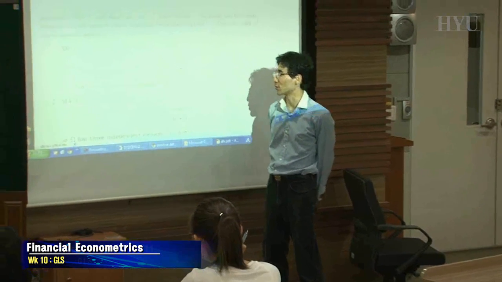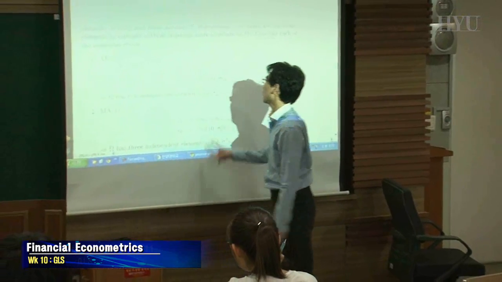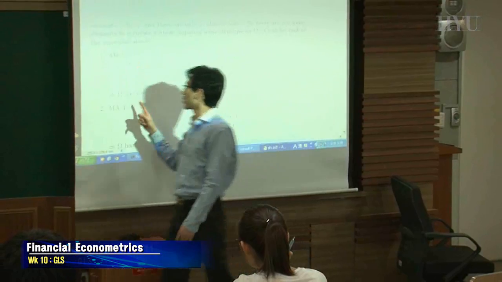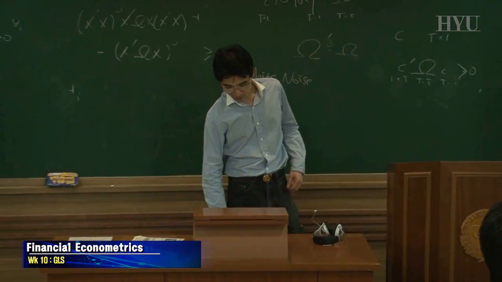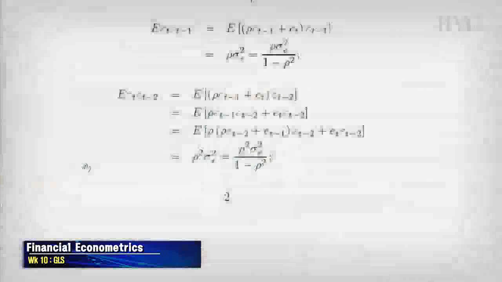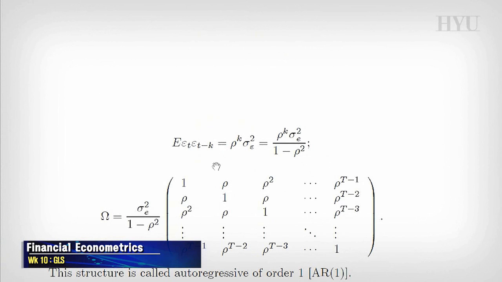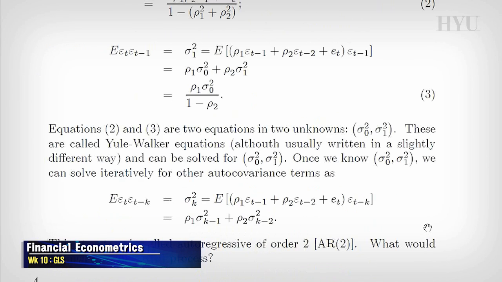We already saw it. So basically, if we know these two parameters, then we can construct the omega matrix, which looks like this.